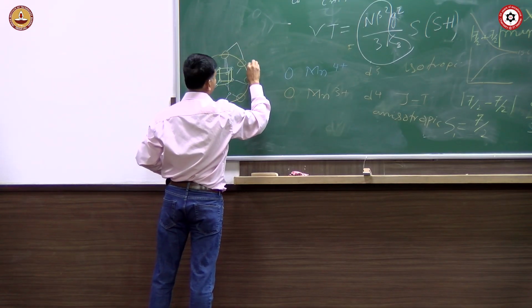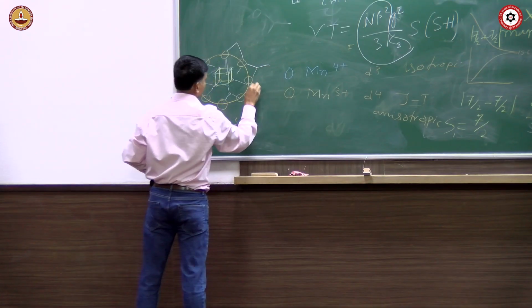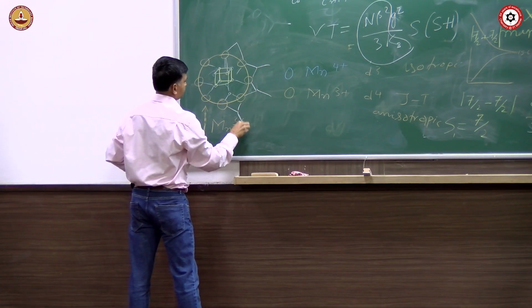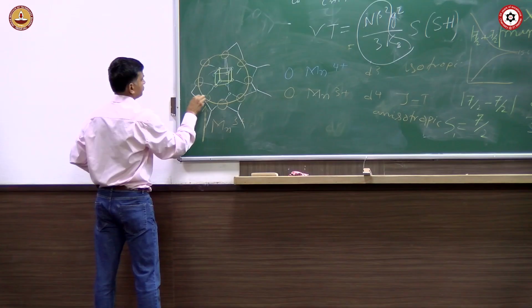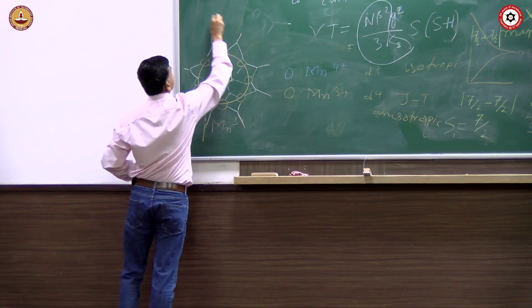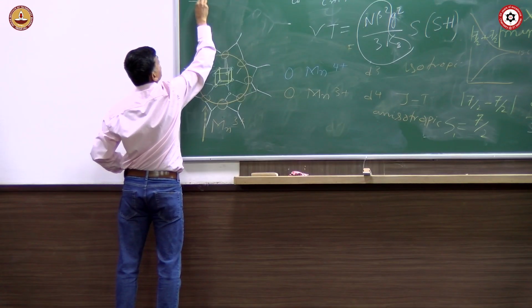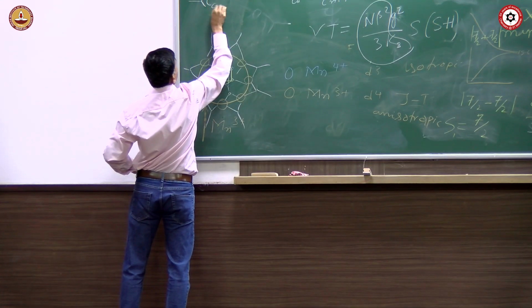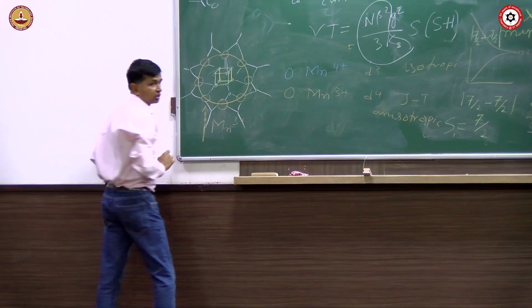How many will there be? 8 again. And these are the 8, and what I mean is that this one is equal to this, and 2 oxygen is monoanionic.